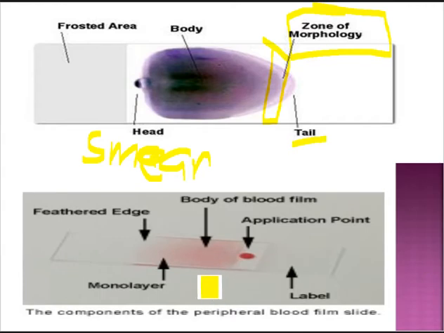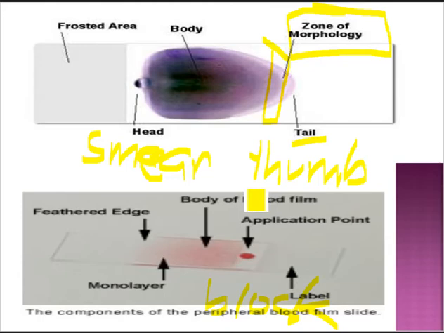Laboratories or hospitals usually incorporate either your feathered smear, your thumb shape, okay, thumb. They either choose between having a thumb shape smear or a block type of smear. So we have your thumb or your block.